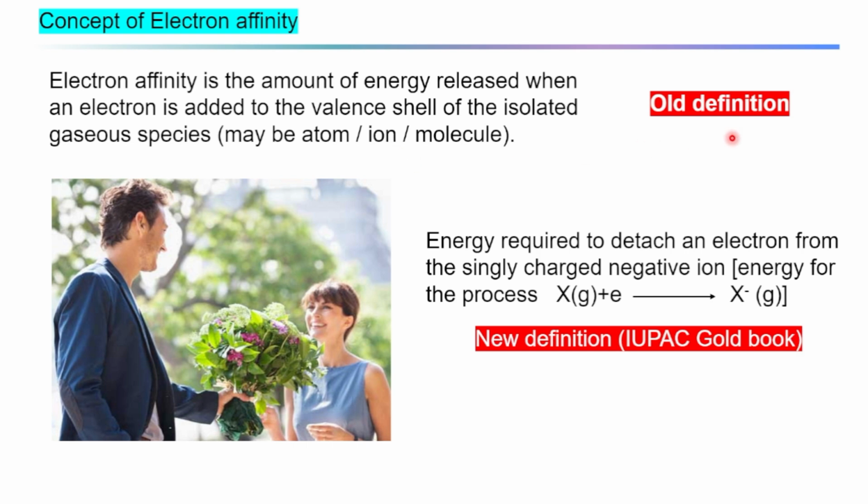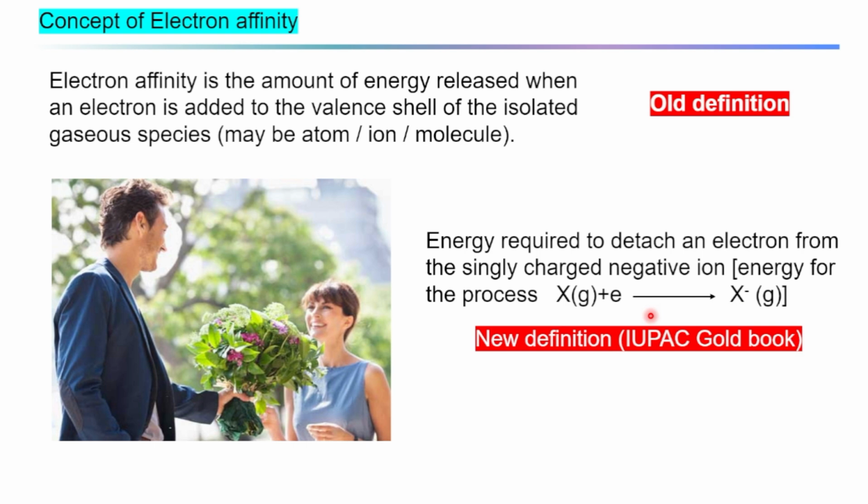So this one was the older definition, and recently it has been changed, and it is said to be the energy required to detach an electron from the singly charged negative ion. So the energy for the process of X plus e is equal to X minus.